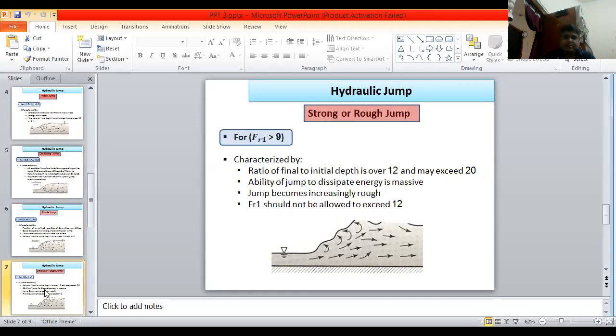In this case, maximum energy will be dissipated, approximately 90%, because the Froude number is high, greater than 9. But to know that Froude number is equal to V/√(gy). That means if the Froude number is greater than 1, the flow and jump will be known as a strong jump or rough jump.